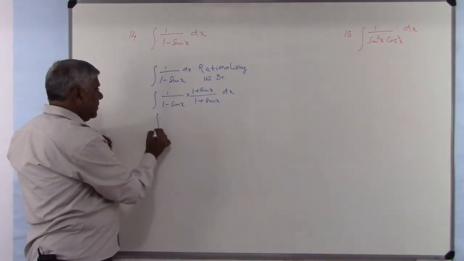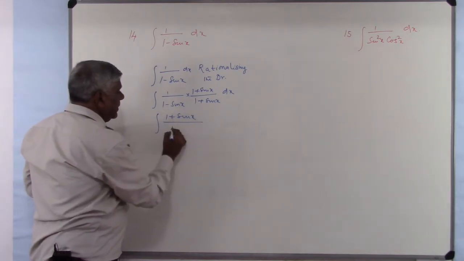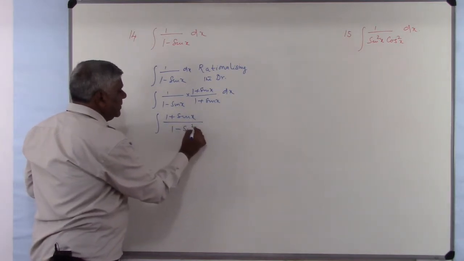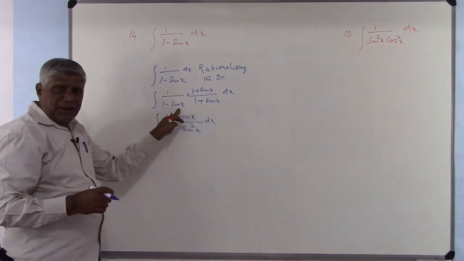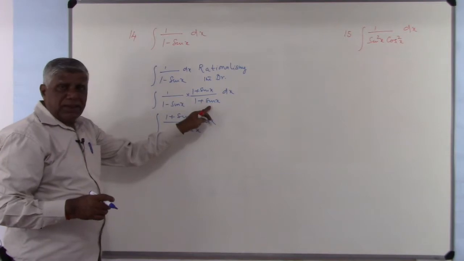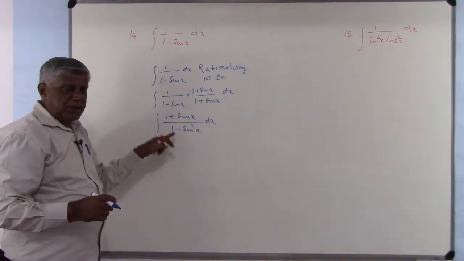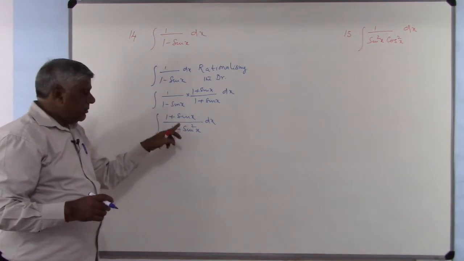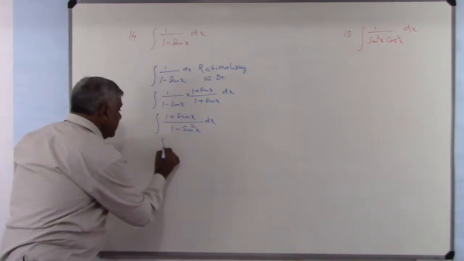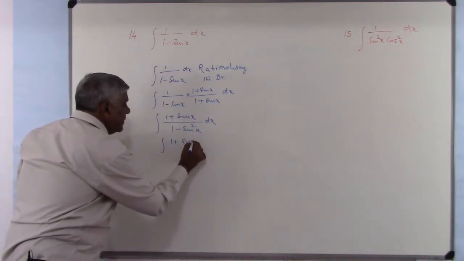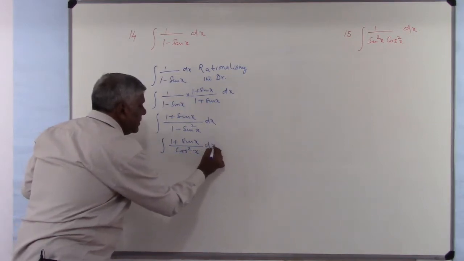Now this is equal to 1 plus sin x divided by 1 minus sin square x, dx, because (a minus b)(a plus b) is a square minus b square. 1 plus sin x is on top, denominator 1 minus sin square x. But 1 minus sin square x is nothing but cos square x. So I will write like this: 1 plus sin x by cos square x dx.